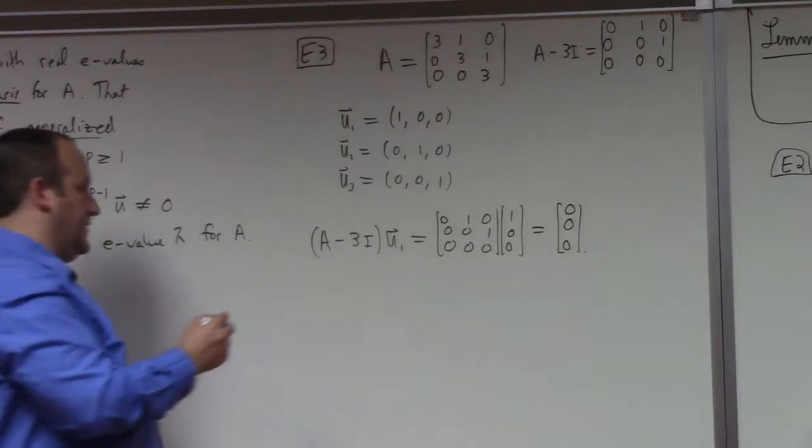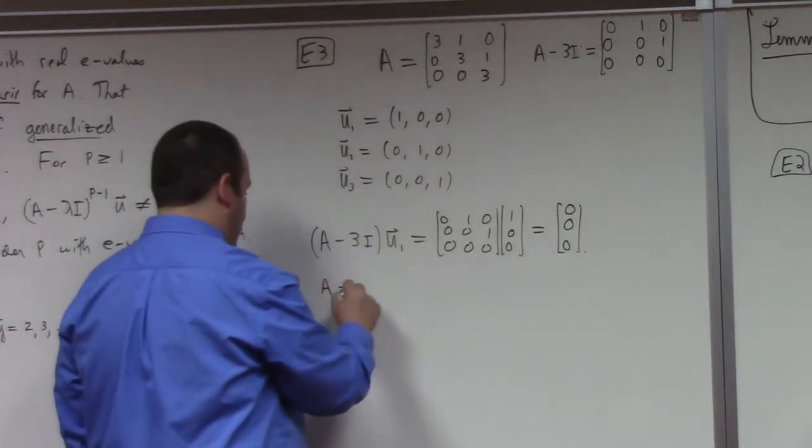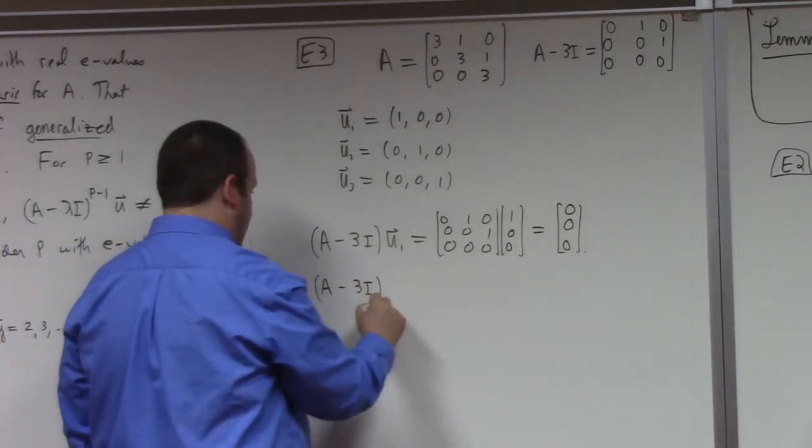What happens if we look at A minus 3I times U2?